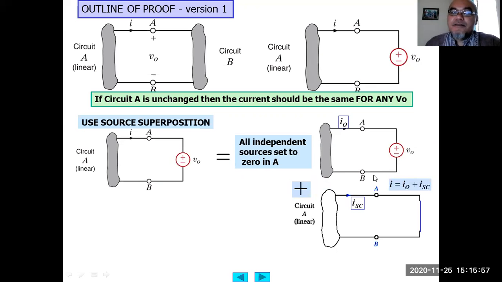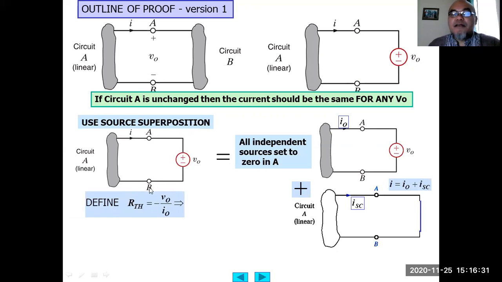So the total current equals the current when all independent sources in circuit A are set to 0, meaning a voltage source is short-circuited and a current source is cut open, plus the current when the connection between A and B is short-circuited.